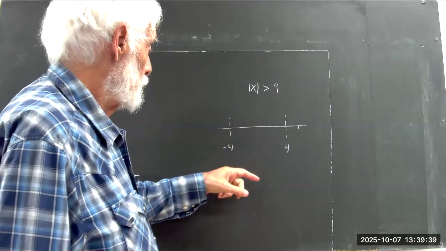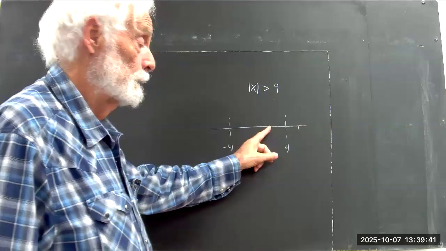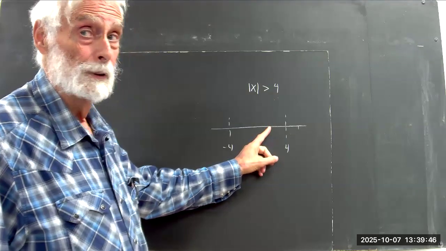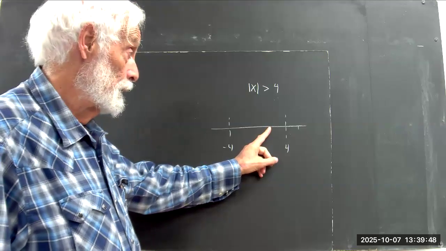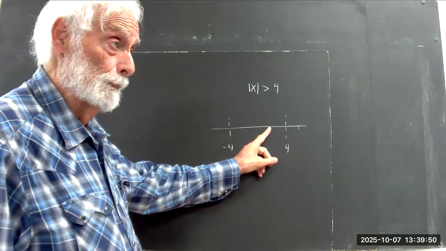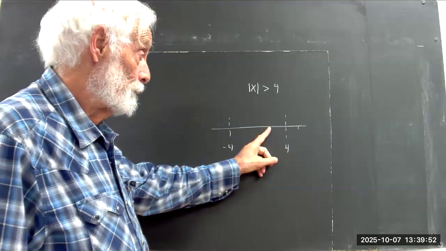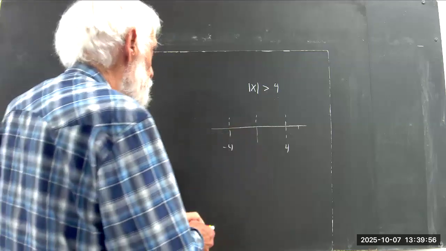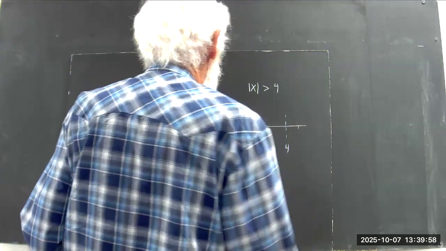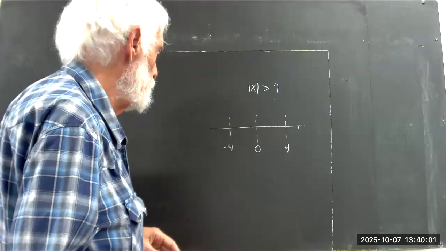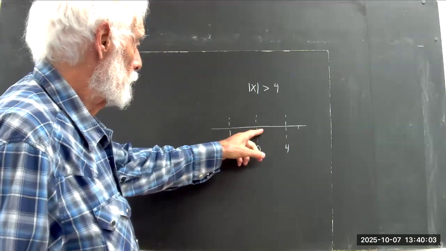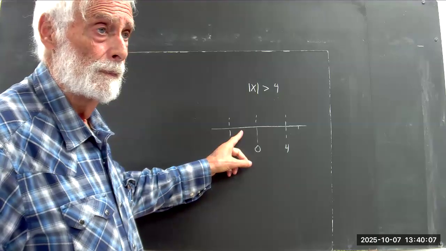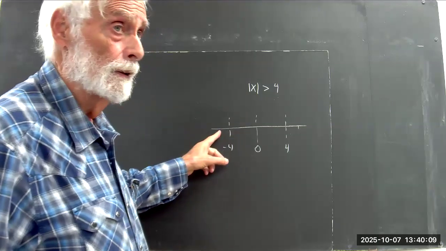Okay, so let's go to this number. I'm seeing a lot of thumbs down because that number is less than 4. And it's still greater than 0, so let's put 0 in here. How about here?